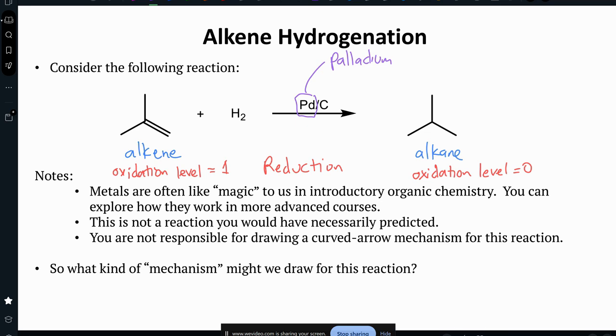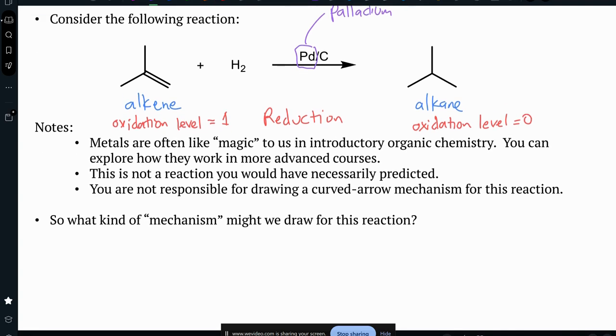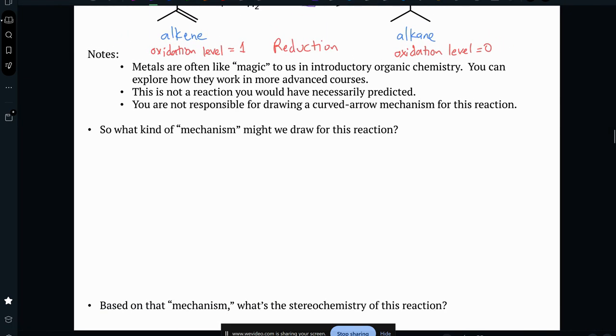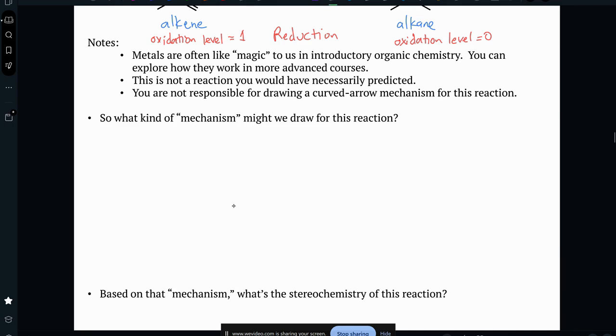The good news for you is that you don't necessarily need to understand how these metals do what they do. So, like I said, you can treat them as magic. This is not a reaction that you need to know a curved arrow mechanism for. What I want you to know about a reaction like this is that essentially you've got your metal surface and a hydrogen molecule, H2, kind of looks like this.